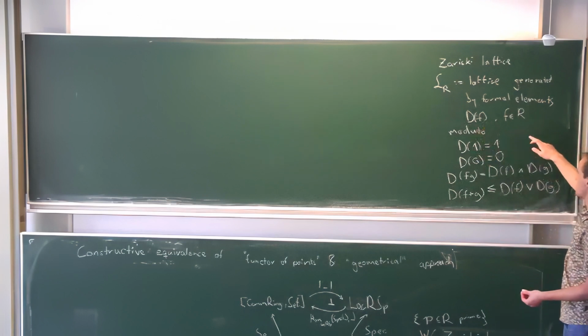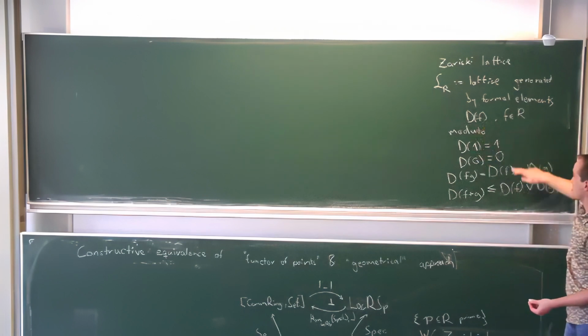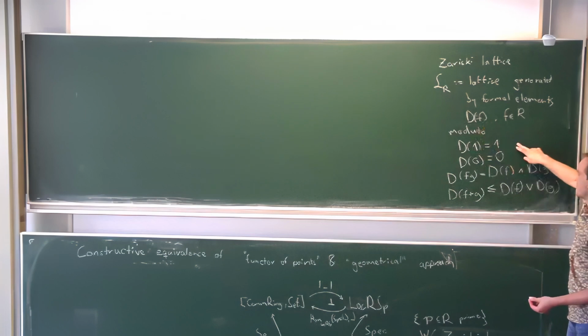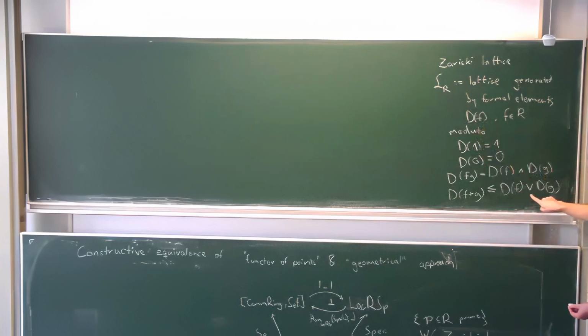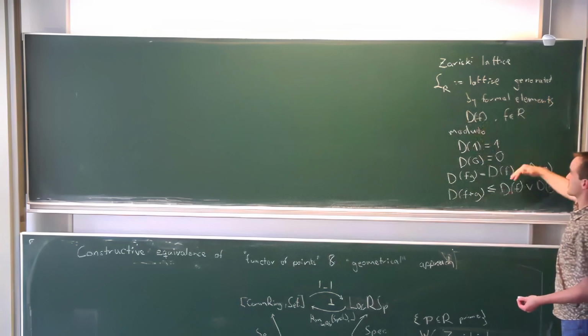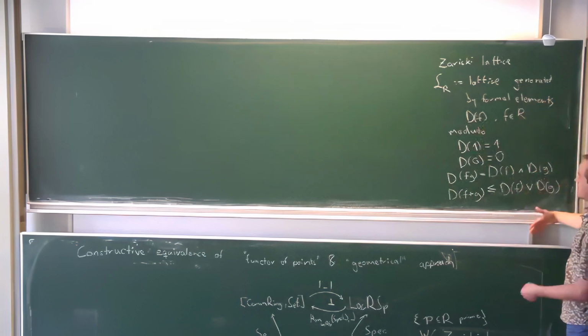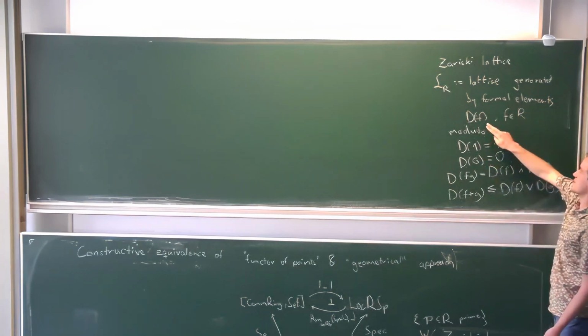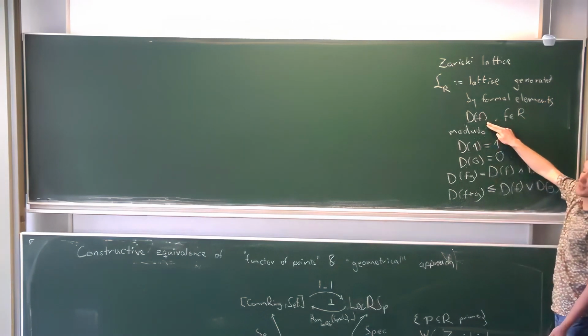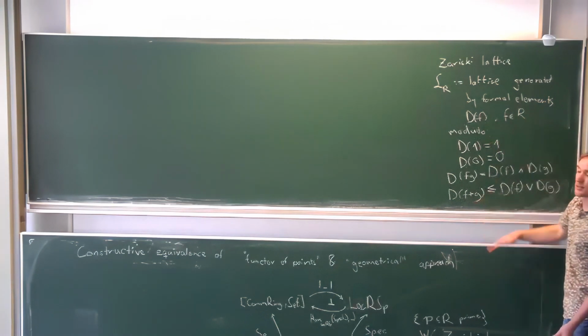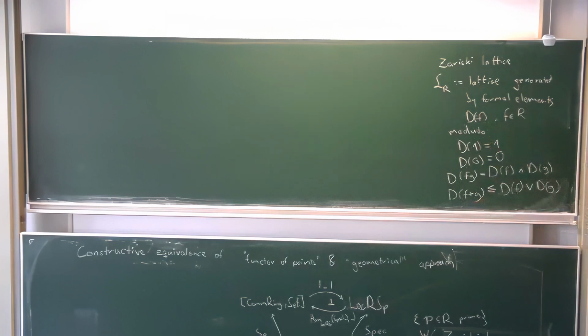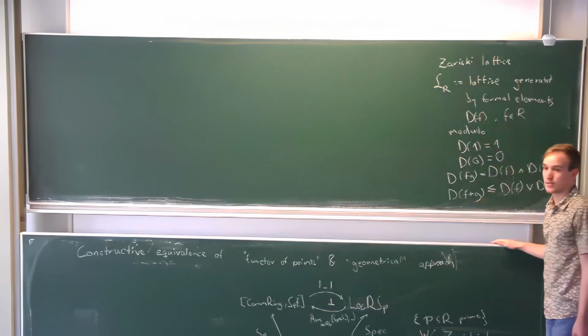And these relations do hold in the power set if you plug in the intersection and the union and subset relation. But of course you can define this in a completely point-free way by saying you take the free distributive lattice generated by these elements and you mod out by these relations.